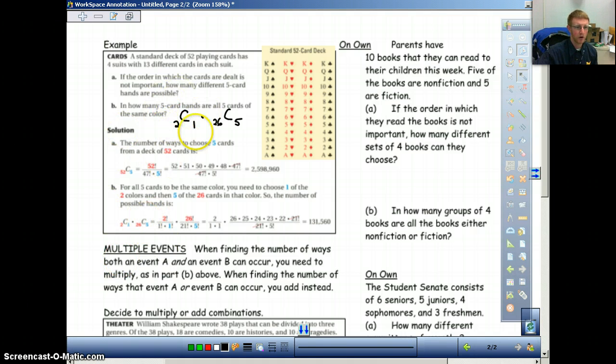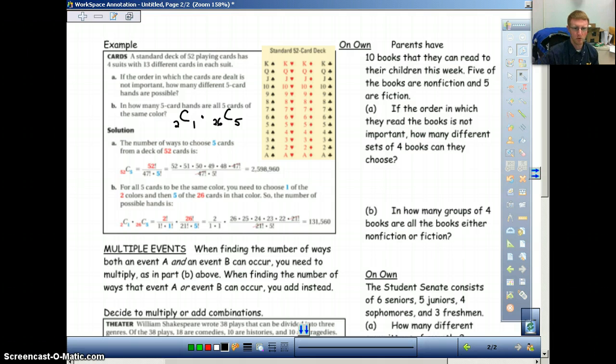We had to choose our color out of the 2 colors, and then we're choosing the 5 cards out of the 26 cards that we have to choose from. Okay? Remember, it's only 26 because there's only 26 reds and there's only 26 blacks. So when you multiply that all out, you get 131,560. Again, the arithmetic and multiplying it out, I don't need to show you that. That part's pretty easy. It's getting this set up correctly.